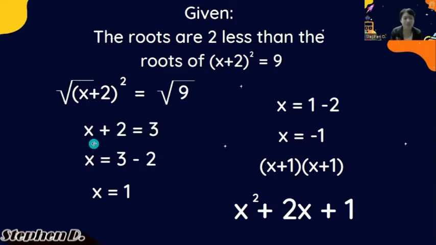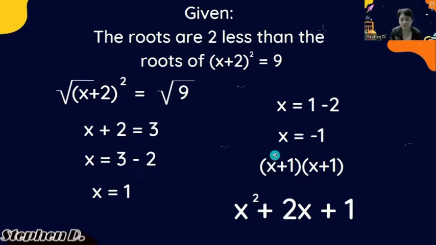And then we transpose our positive 2. That's how I get x is equal to 3 minus 2, so our x is equal to 1. But since it's 2 less than the roots, we subtract 2 from what we just found. So 1 minus 2, we get x is equal to negative 1.